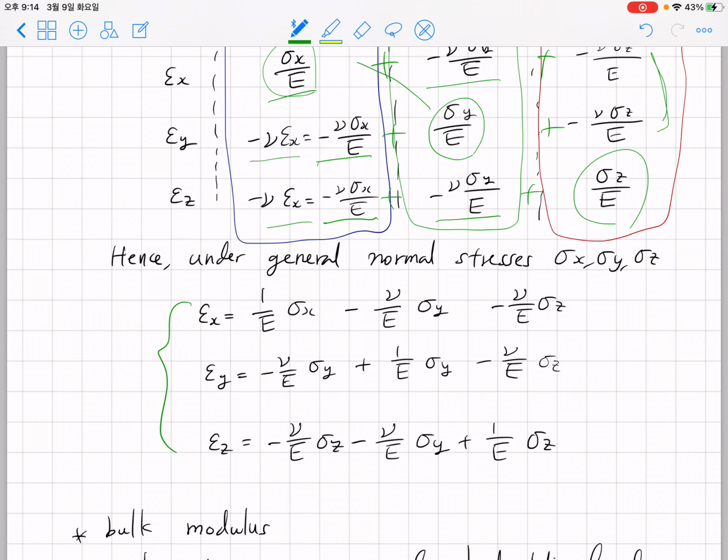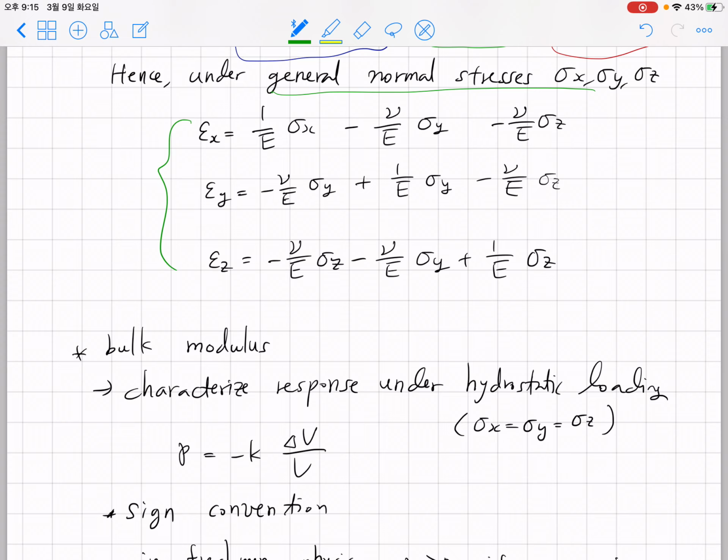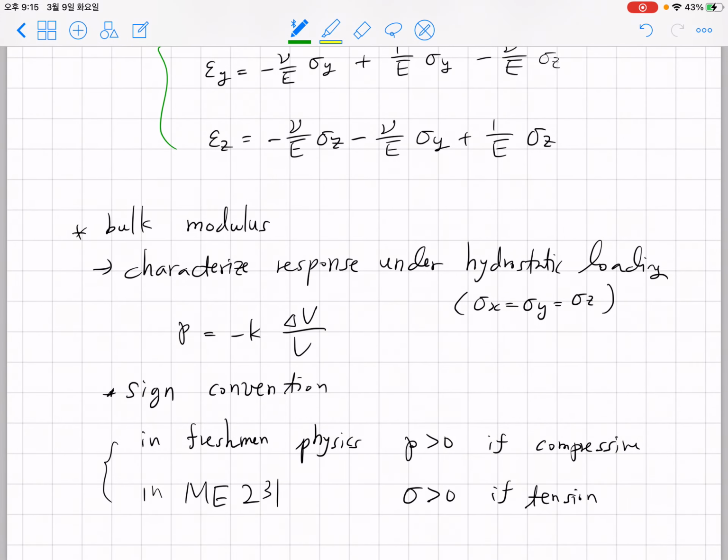This is the generalized Hooke's law under general normal stresses sigma x, sigma y, and sigma z, and this connects the complex stress state with the strain of the material. So having defined Young's modulus and Poisson ratio, and obtained generalized Hooke's law under general normal stress by massaging the equation based on the superposition principle, let's move on to the definition of another material property.